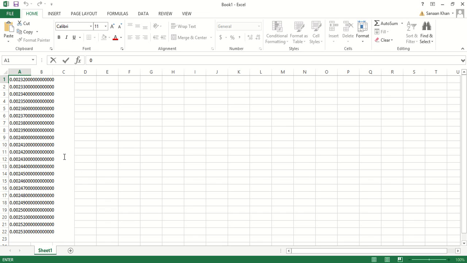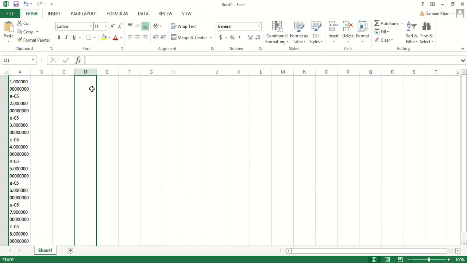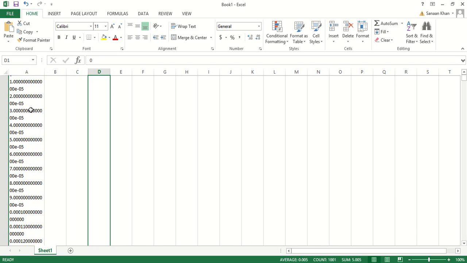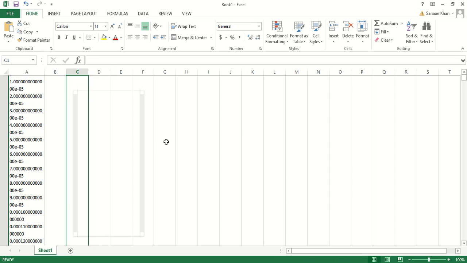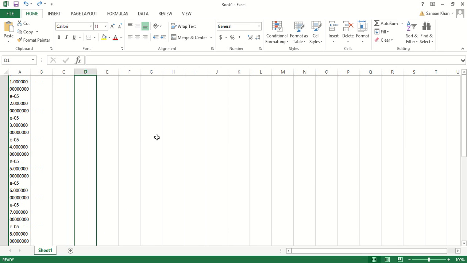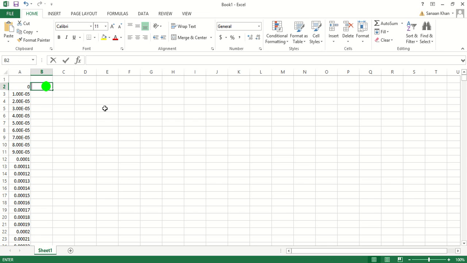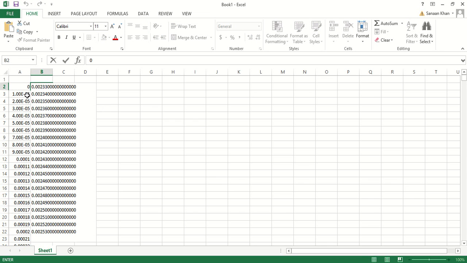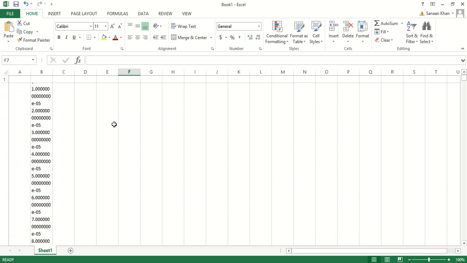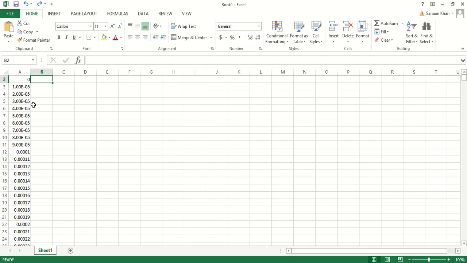This is the data that you have created, and similarly create the y data also. There was some problem, I guess, with my mouse. It is double clicking, so no problem.